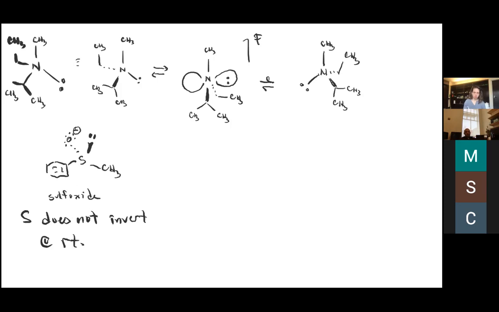Now if you heat these things, you can make that happen, but we basically define the threshold for chirality at room temperature. So is it configurationally stable at room temperature? For sulfoxides, they are. So you can have an enantiomer of that.